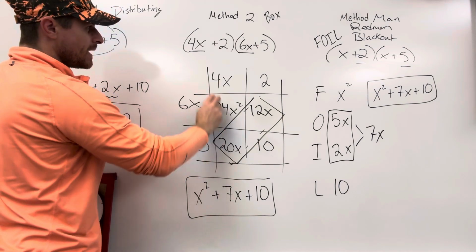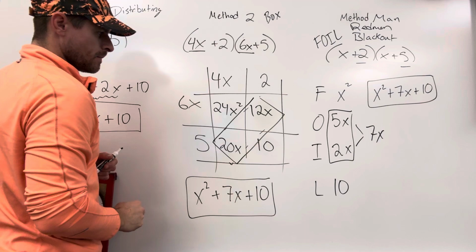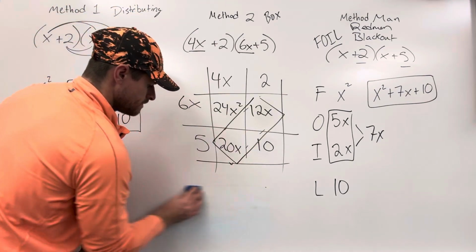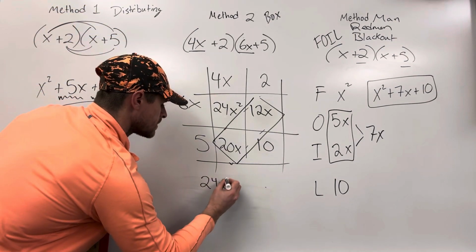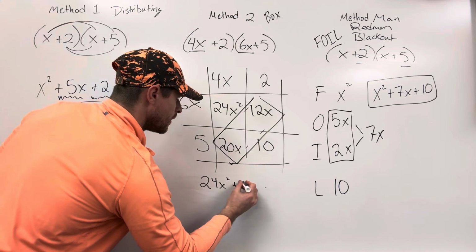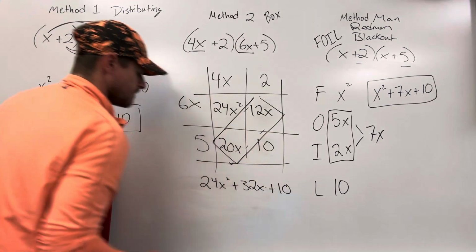But let's not forget that x times x makes x squared. So our final answer with this problem would actually end up being 24x squared. 12x and 20x makes 32x, and then 10 at the end as our constant.